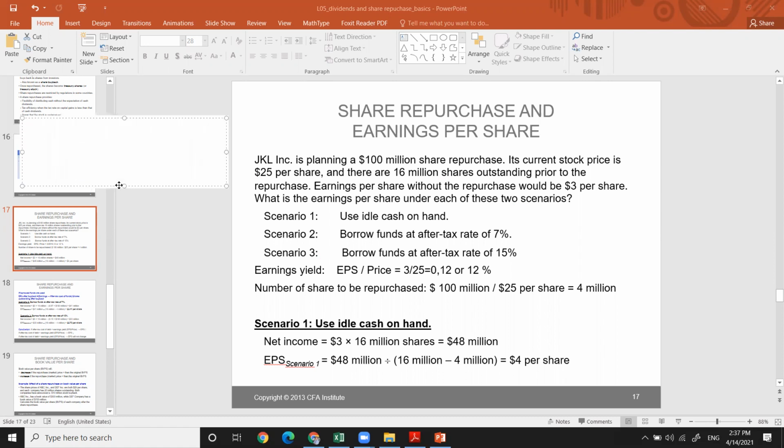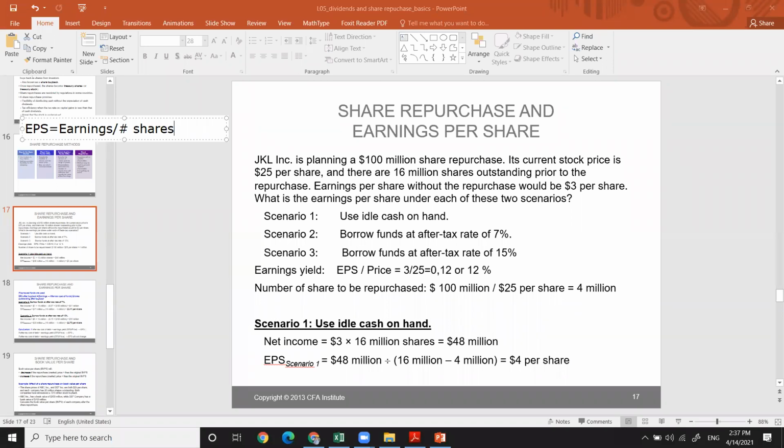Earnings per share, it doesn't matter before or after the buyback, is earnings divided by the number of shares outstanding. After the buyback, when shares are repurchased, we just divide by the new number of shares. This is the formulation of the earnings.